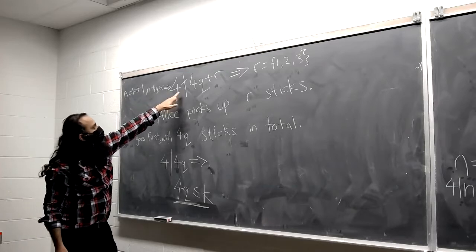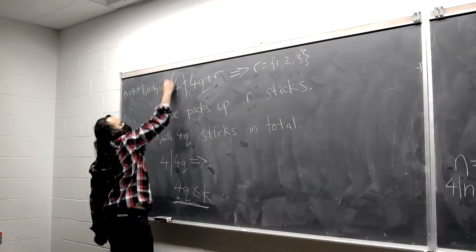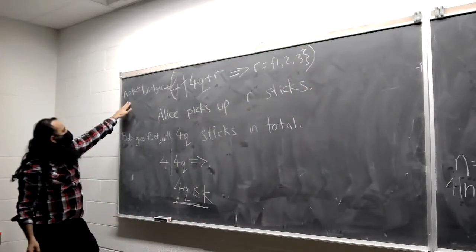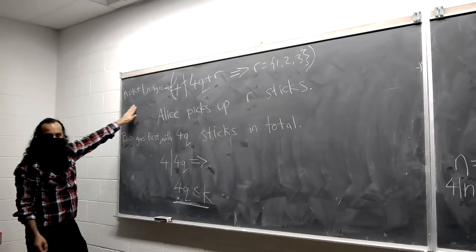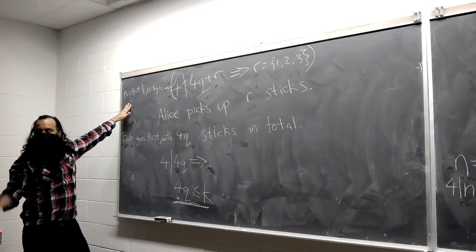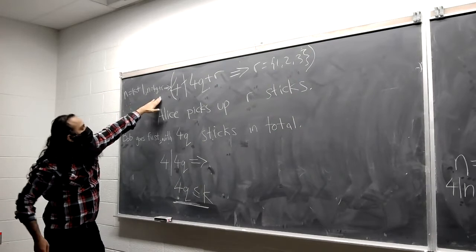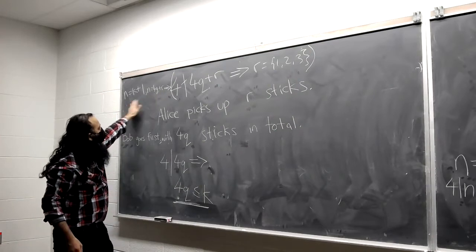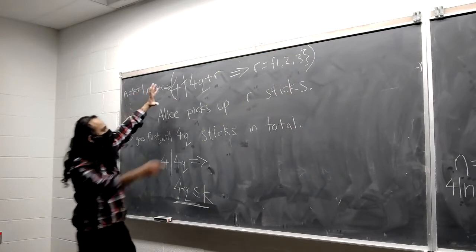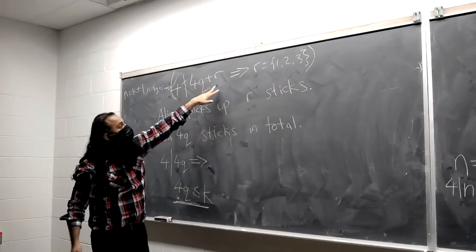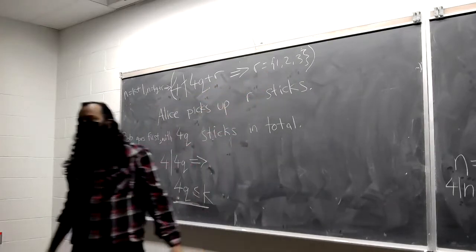This is just the setup. This is what I know about n. It's equal to k plus 1 and it's equal to 4q plus r. Then this information implies this implication, which is that 4 doesn't divide 4q plus r, means that r equals 1, 2, or 3. Got it?